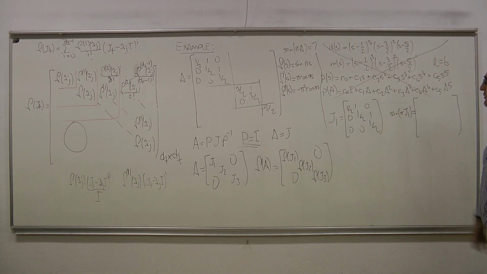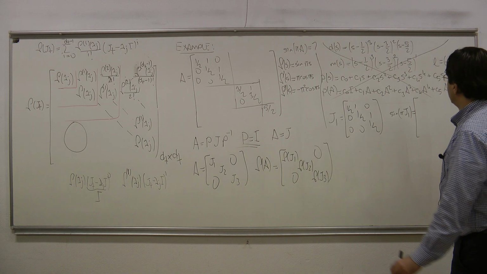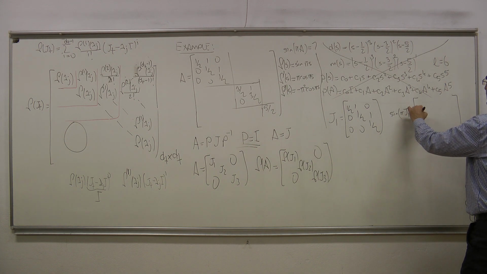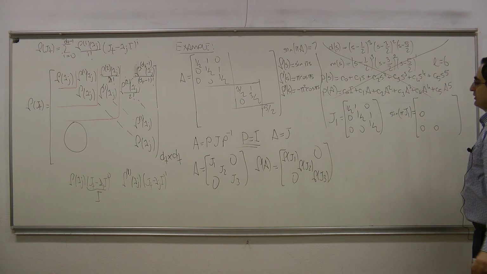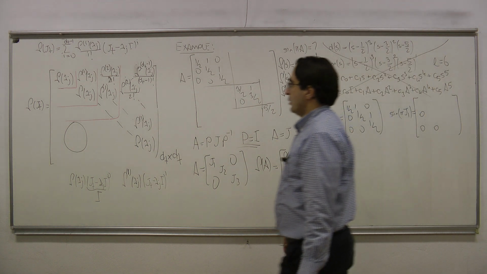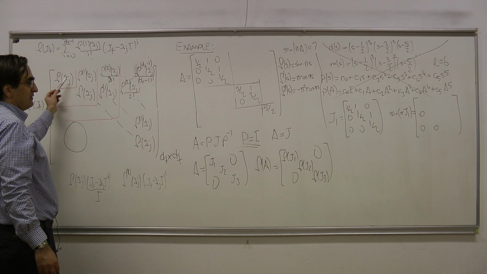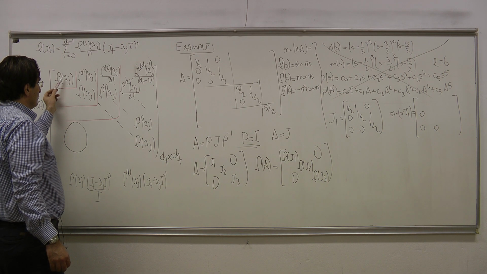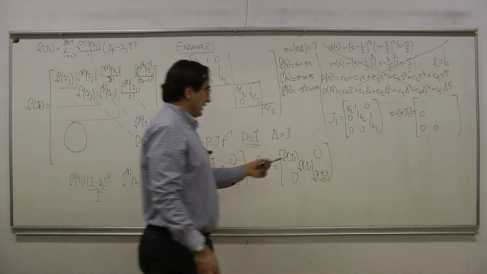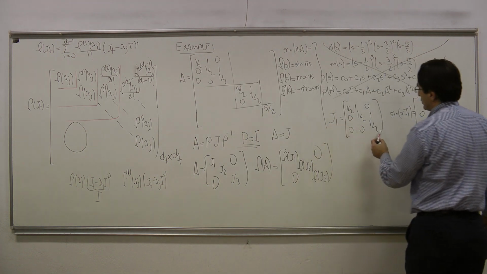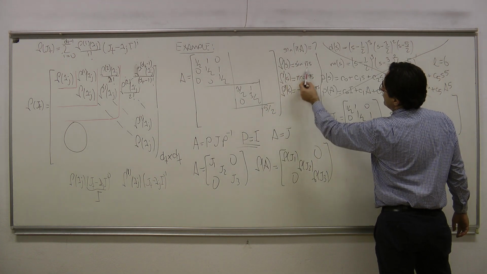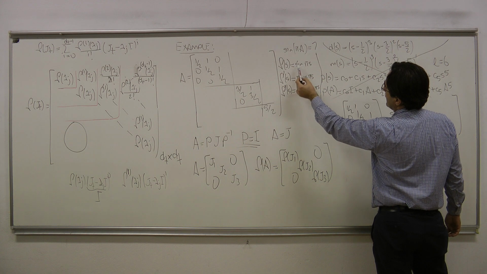So now let us use that theory. Below the main diagonal, I would have zeros. So these three elements would be 0. On the main diagonal, I need to pass the eigenvalue of the Jordan block from the function. Eigenvalue of the Jordan block is 1 over 2. I need to pass 1 over 2 from this function.